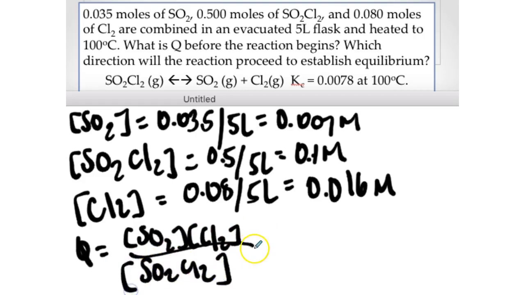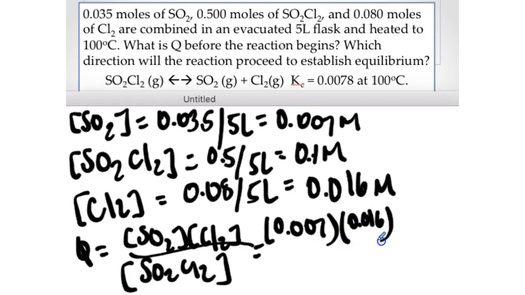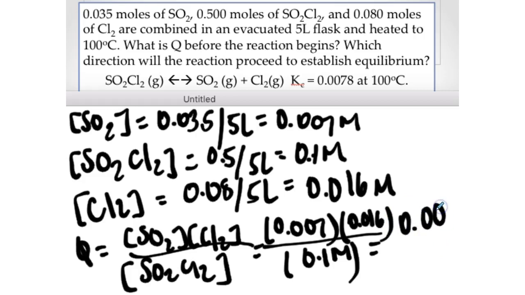Okay, so now you're going to plug into the expression Q equals SO2 times Cl2 divided by SO2Cl2, and you plug in those numbers. So SO2 is 0.007, Cl2 is 0.016, and SO2Cl2 is 0.1. There's no powers, and when you solve this, you get 0.00112.